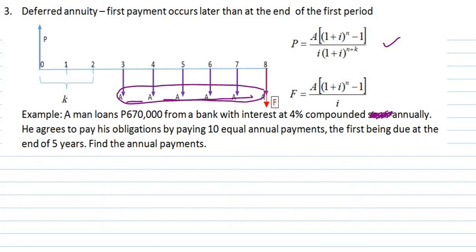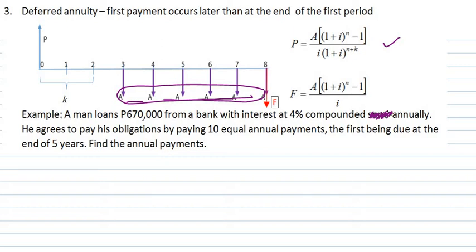He agrees to pay his obligations by paying 10 equal annual payments, the first being due at the end of 5 years. Find the annual payments.